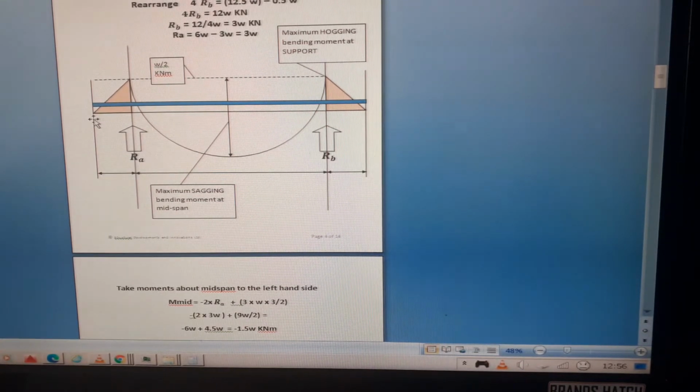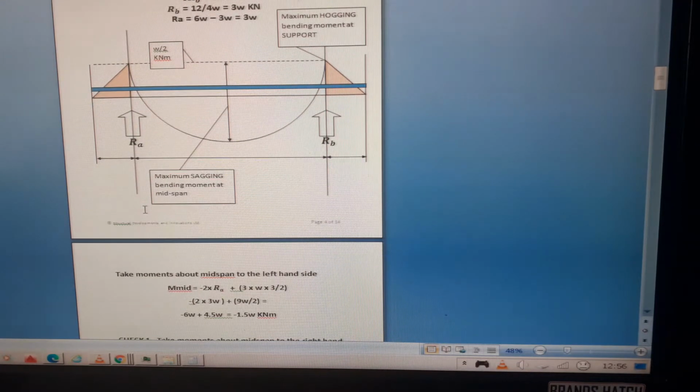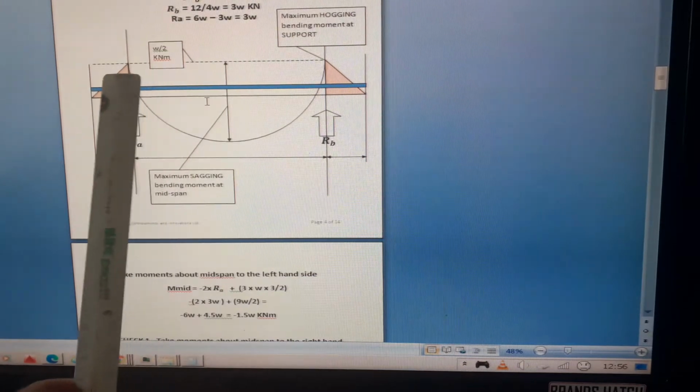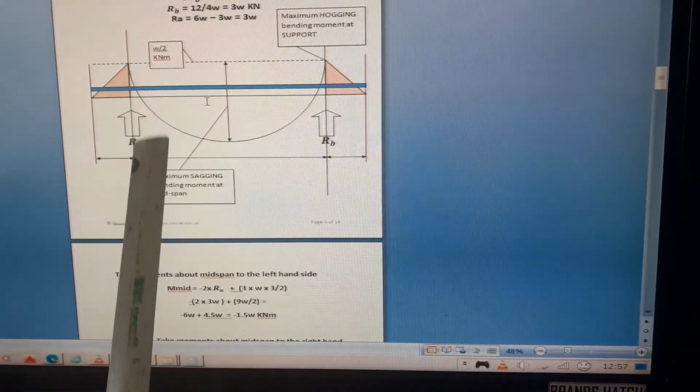So what I do to find the maximum moments, I'm going to take sections by taking moments about the midspan to the left hand side of the beam. So just say in the middle, and take moments about this side.